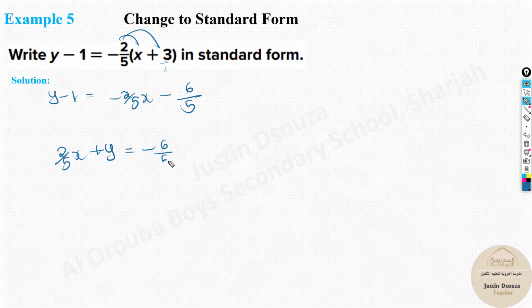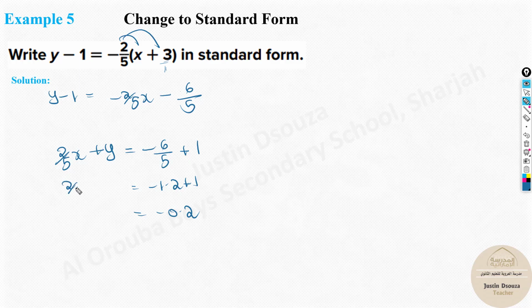It will be minus 6 by 5 plus 1. You can put this in a calculator and simplify. But now I know 6 by 5 is 1.2 because 1/5 is always 0.2. So it will become negative 1.2 plus 1. The answer would be negative 0.2.